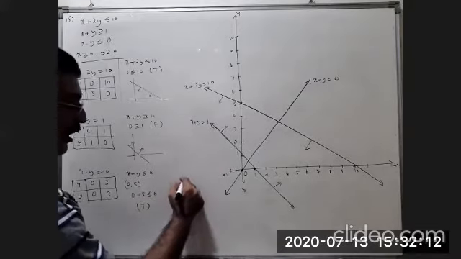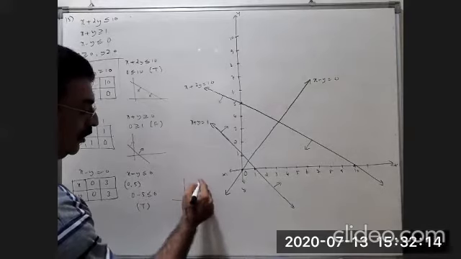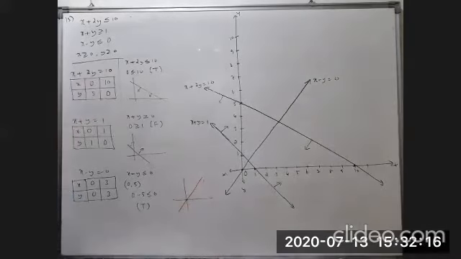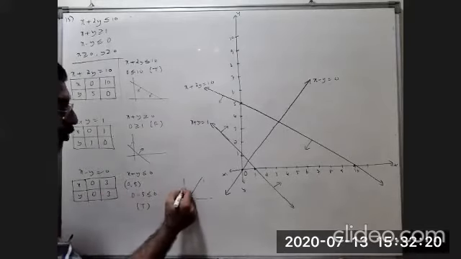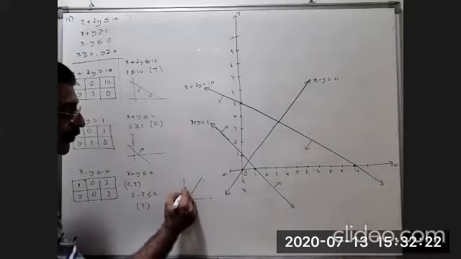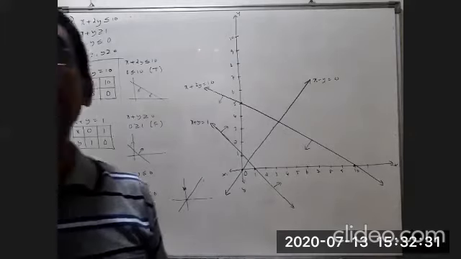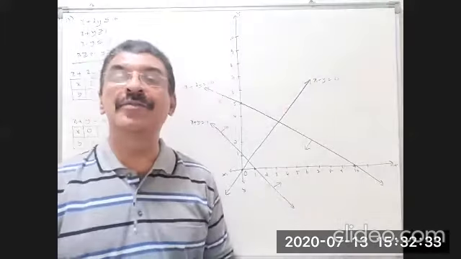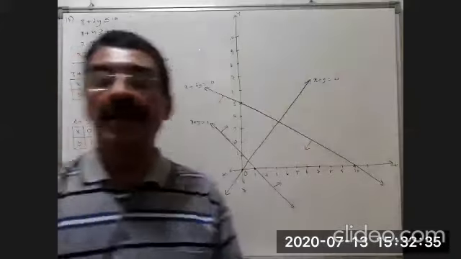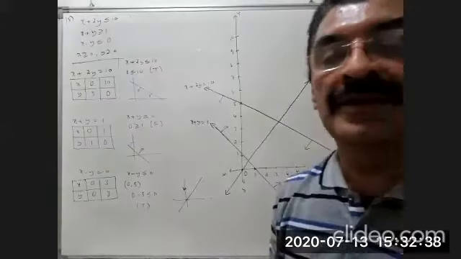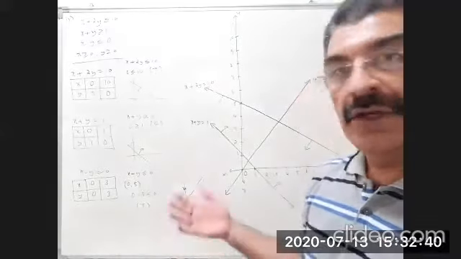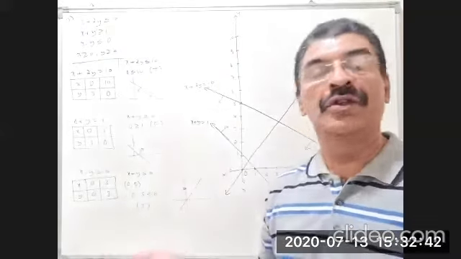See, our line is this way, passing through the origin. We took 0, 5, which is on the y-axis. We got it as true. Any point on the y-axis means what? It can be 0, 5, 0, 2, 0, 3, whatever it may be.